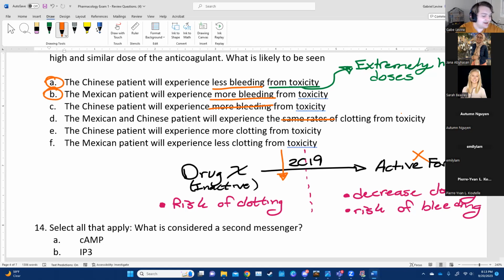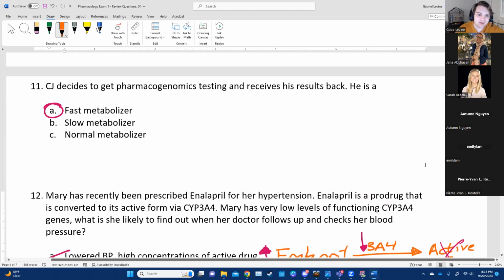Exactly. The answer here is no, because is one of the toxic side effects of the drug clotting? Does the drug induce clotting? No. Clotting is where they already were. It's like the same question up here.